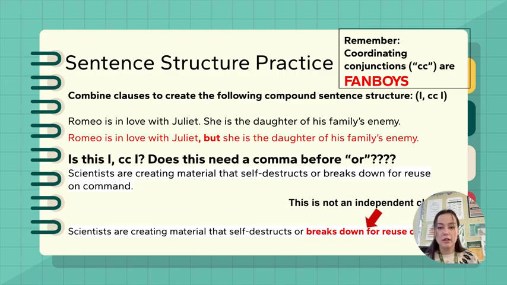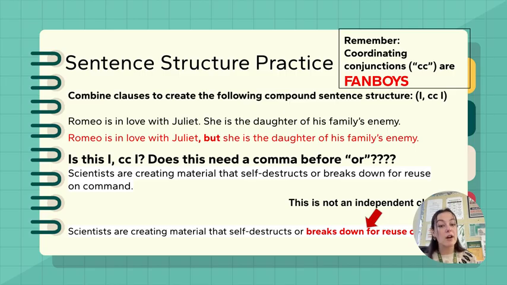And so scientists are creating material that self-destructs or breaks down for reuse on command, okay? We do not need a comma in front of this or, simply because it's not an independent clause.